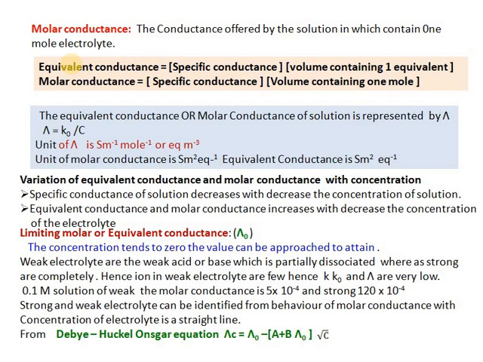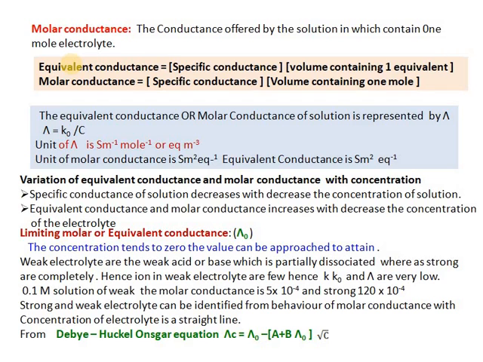But also you know the units of various conductances. The conductance has the unit Siemens, capital S. Specific conductance K0 has the unit Siemens per meter. Equivalent conductance has the unit Siemens meter square per equivalent.